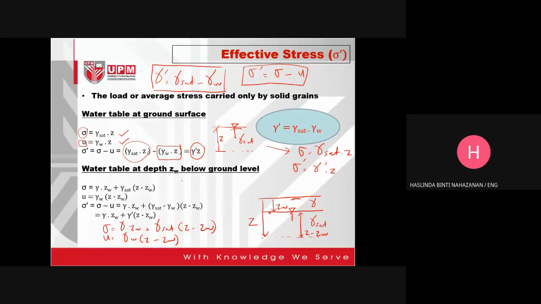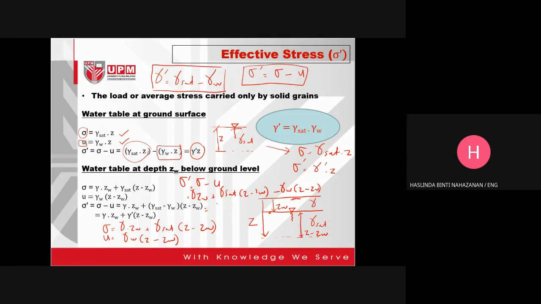And finally, you have your effective stress, which is total stress minus pore water pressure. Then you have gamma ZW plus gamma saturated Z minus ZW minus gamma W Z minus ZW.